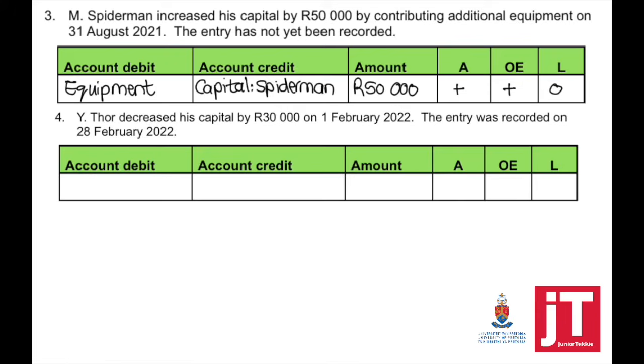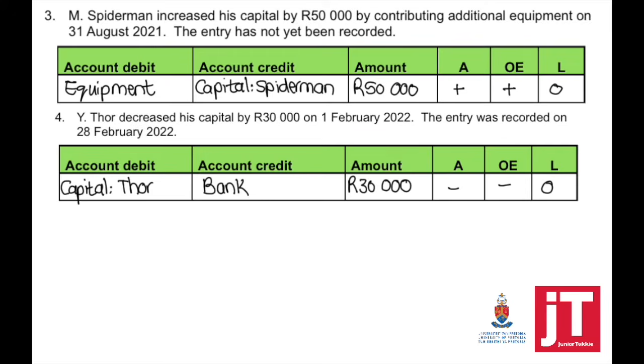Adjustment 4. 4 decreased his capital by 50,000 on the 1st of February 2022. The entry was recorded on 28 February 2022. Account debited is going to be capital. This has nothing to do with drawings.